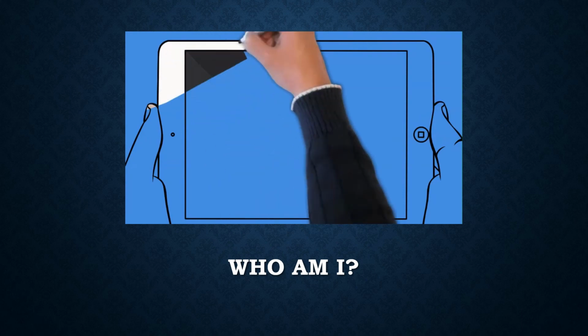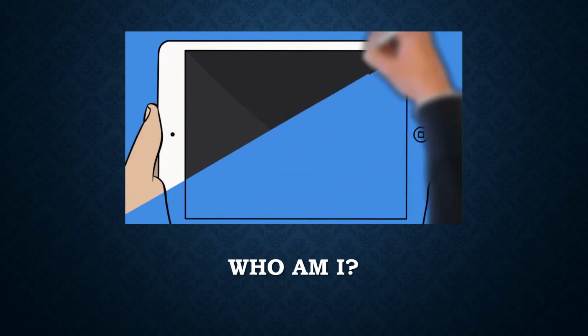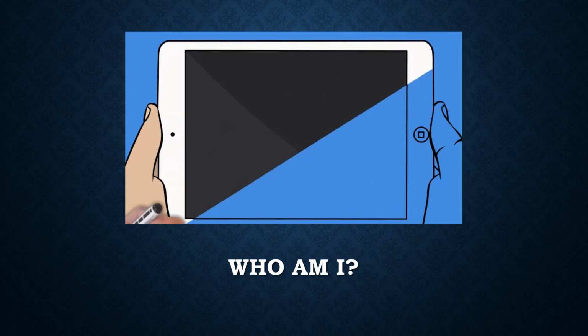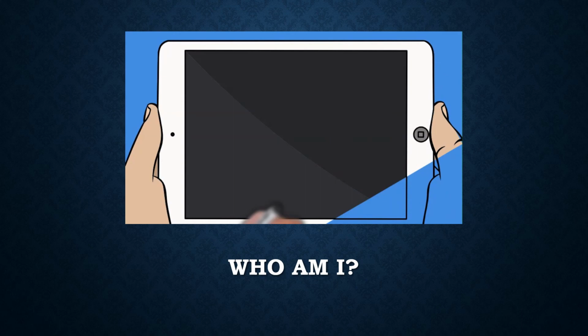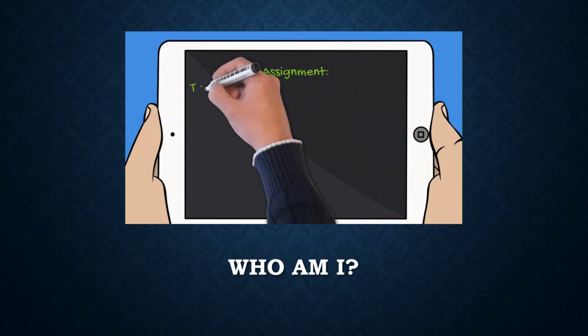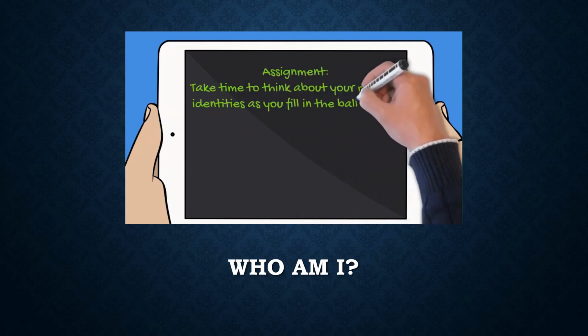These balloons represent you celebrating you as you are excellent in every way as you fulfill these roles. So take some quiet time this week to spend with yourself and think about the multiple roles that you play and then how those roles affect your vision and your purpose.